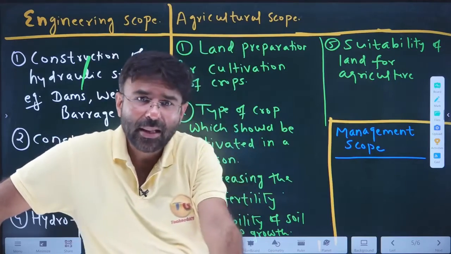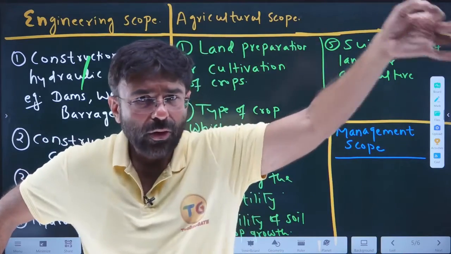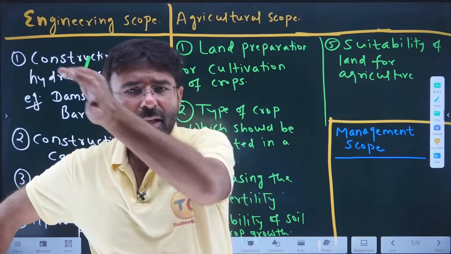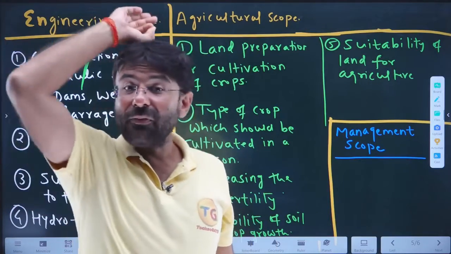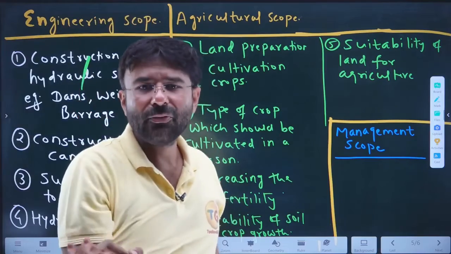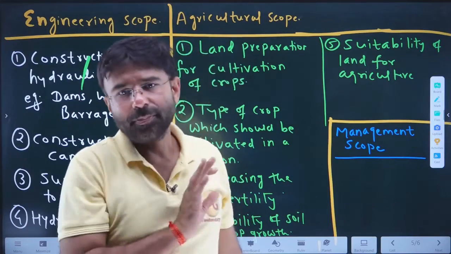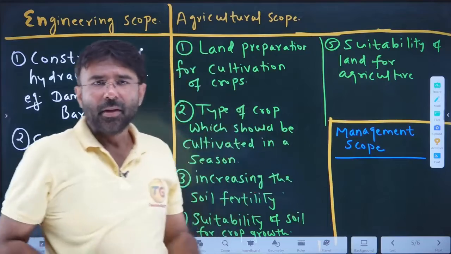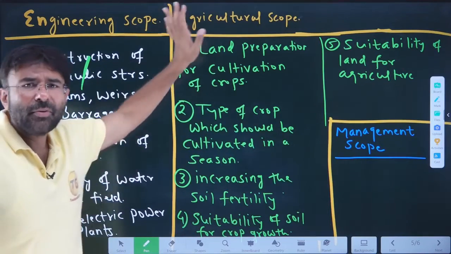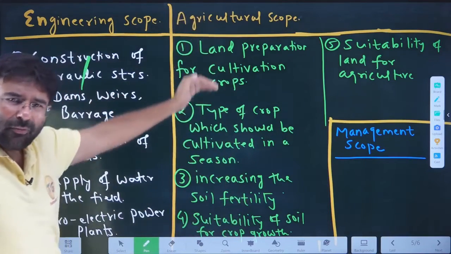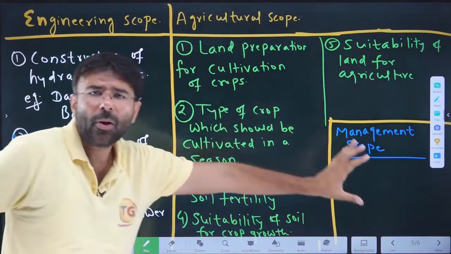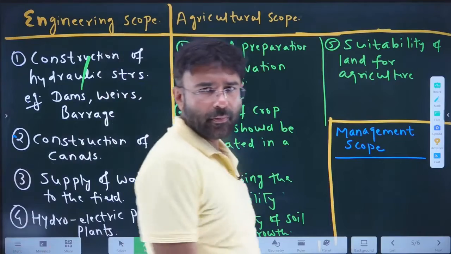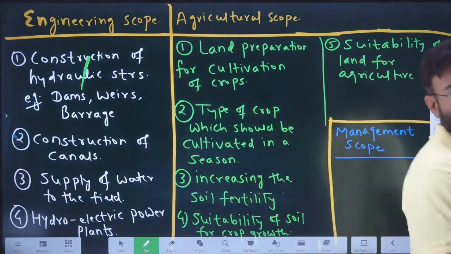Every single task, whether related to your routine work, your college work, or your professional life, every task of your life requires management. The same thing is here. So whether it's an engineering scope or an agricultural scope, whatever has been written over there, every point needs proper management. That is the managerial scope.